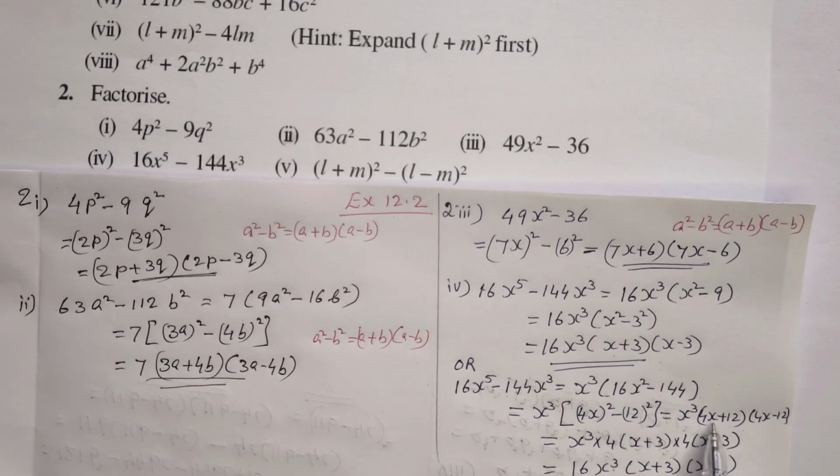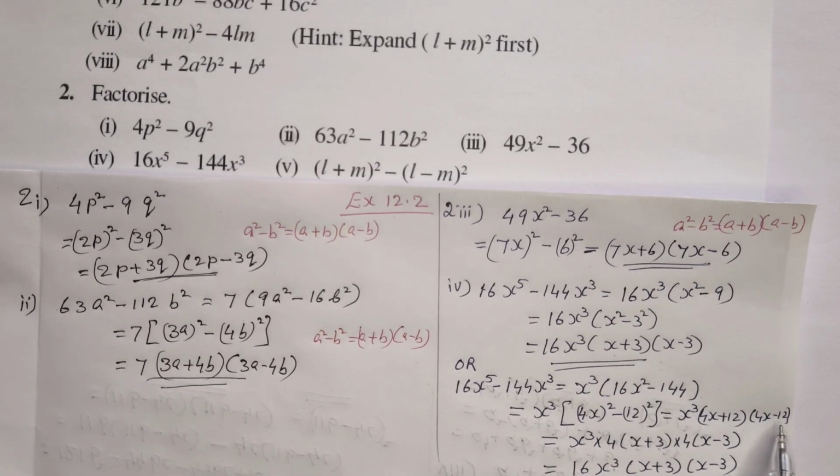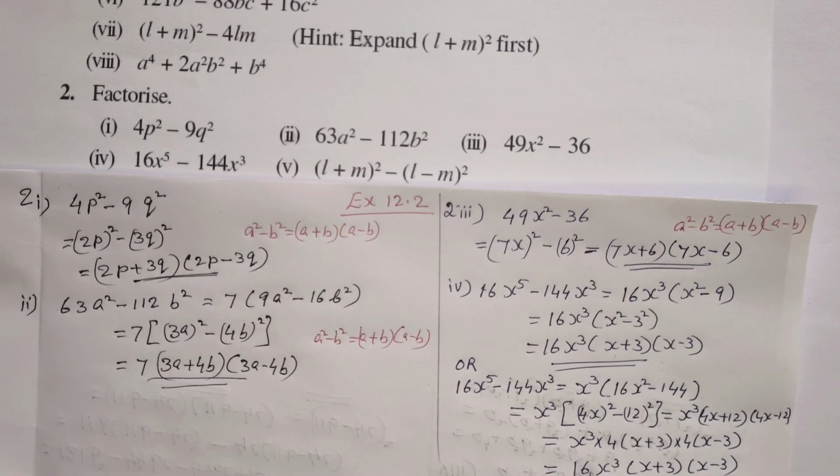But each term contains 4 as common. When we are taking that 4 out as common, it will come 4 into x plus 3, here 4 into x minus 3. So 4 into 4, 16, 16x cube into x plus 3 into x minus 3. Same as the previous method, same answer what we are getting.